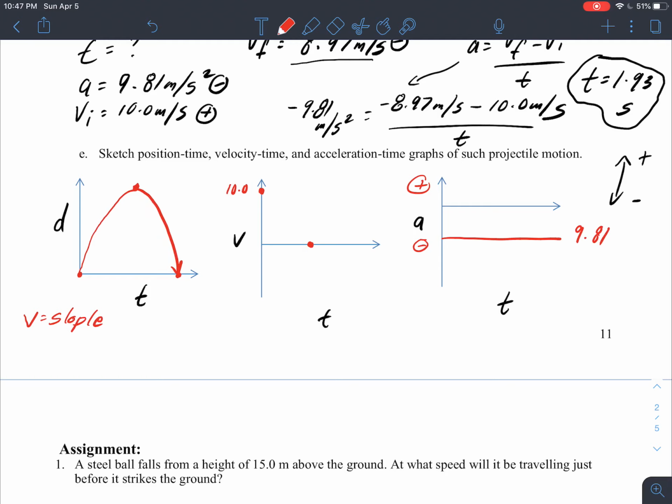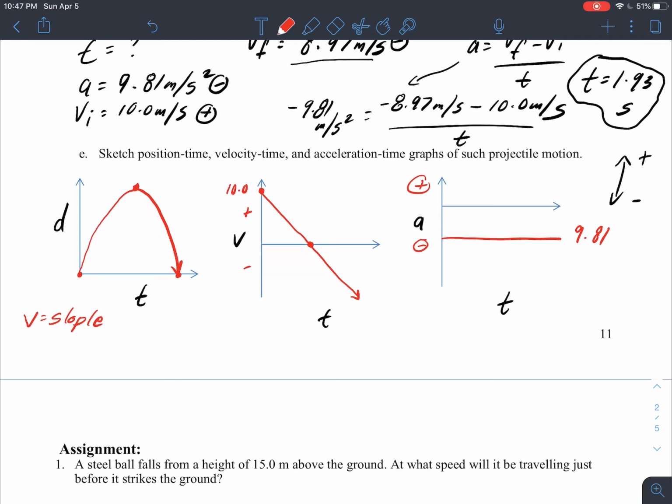What happens after that is maybe a little bit tricky to think about, because our velocity does increase as it goes from maximum height back towards the ground, but it's increasing in the negative direction. So we have a decreasing velocity to our maximum height, and then an increasing velocity, but in the negative direction, or in other words, downwards.